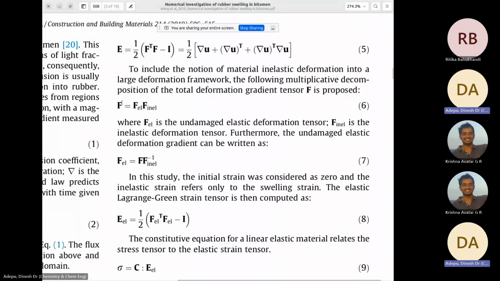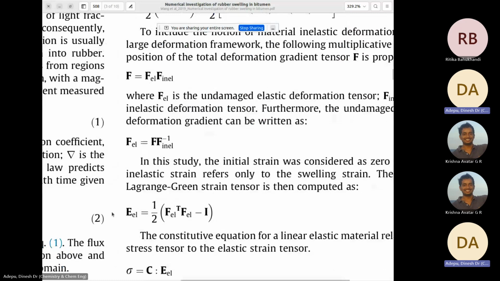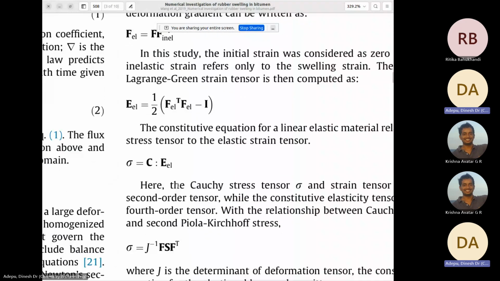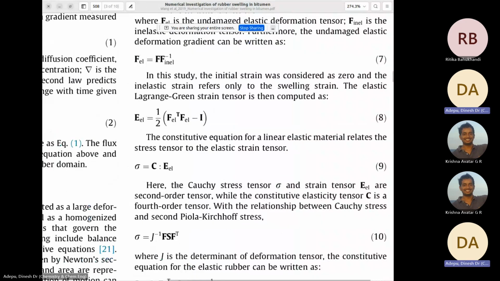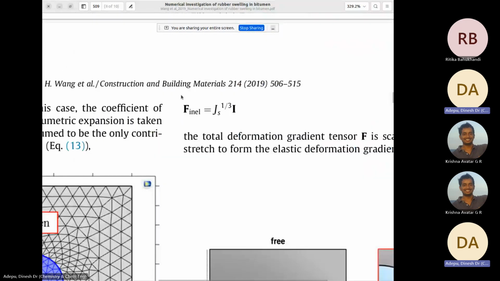So what he's doing is computing the strain. This is further divided into elastic and inelastic form. The elastic is equal to this Lagrangian term, but the inelastic strain is computed using this equation.